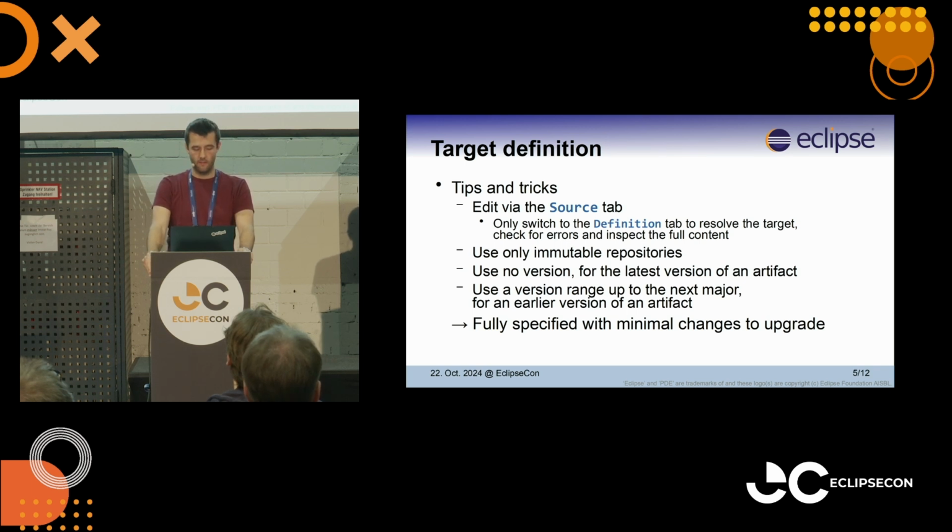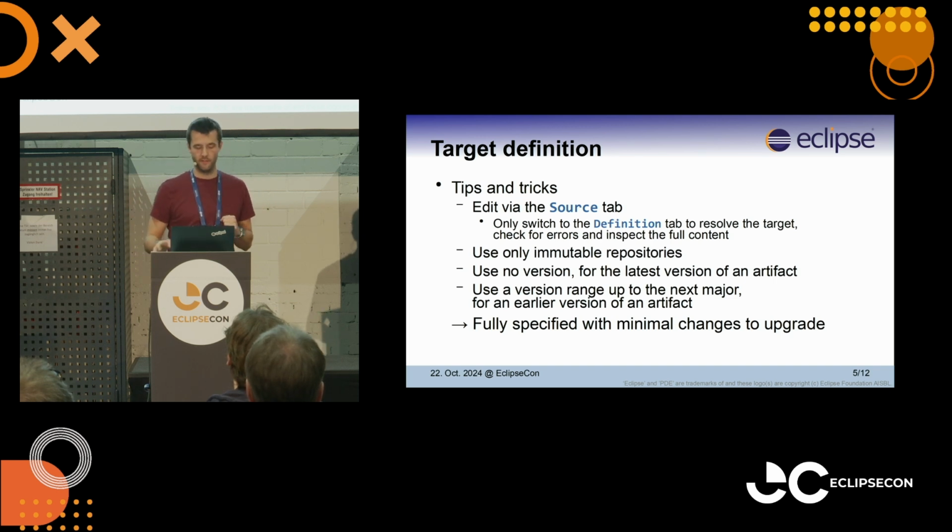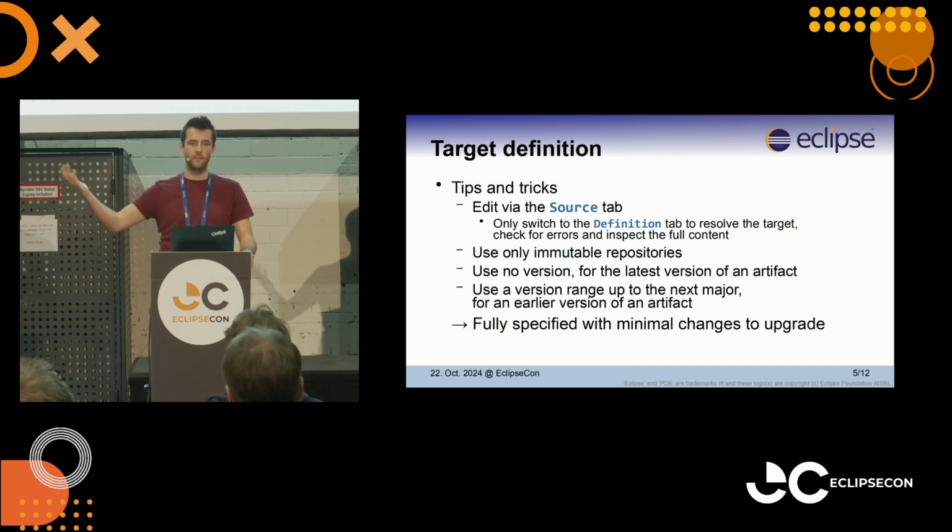With all that, you get a fully specified target definition that is stable, assuming that the repositories you've referenced are really stable, but which requires minimal changes if you, for example, want to update to a new major or a new version of Eclipse. And if you're a little bit lucky and the structure of features or plugins didn't change in the meantime, the update to a new Eclipse release can just require updating the repository URL, and you're done.